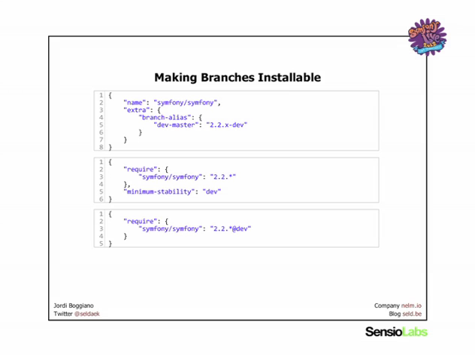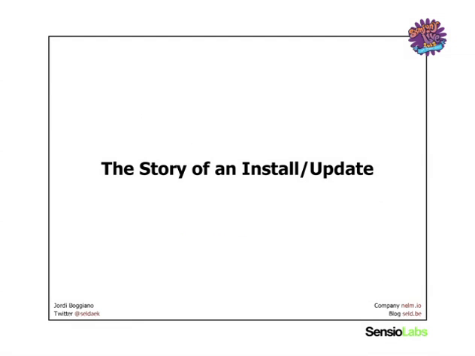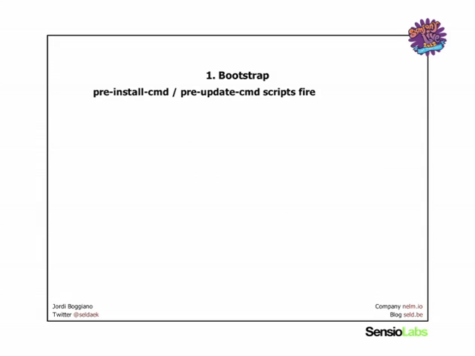Yep. Then I just want to go through the whole flow of an installation or update and give a few tips along the way. So when we begin, there are those scripts that fire, the pre-install and pre-update commands. I don't think anyone uses that because before you even install, there is usually not much you can do, but it happens.